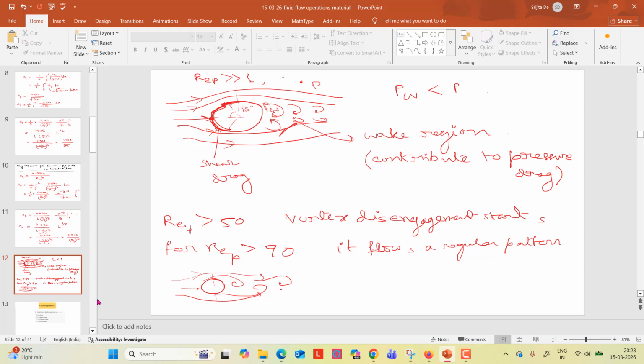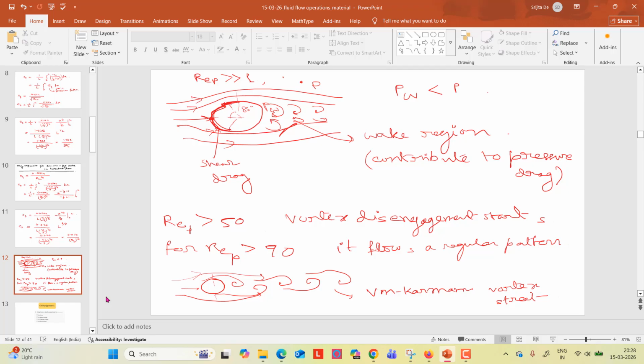They are not coming together, but equally opposite, and they are coming in alternate positions, like this. This is called the von Karman vortex street, right?